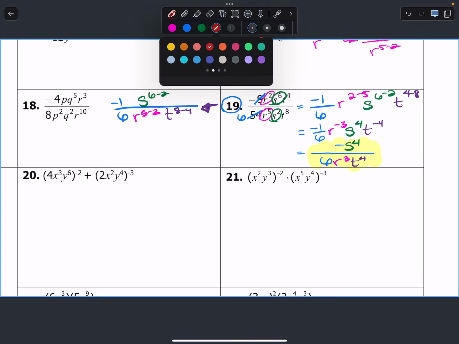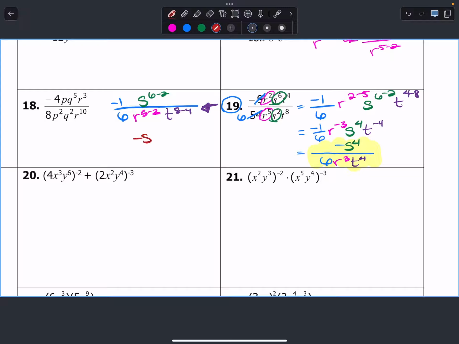And that's okay, but at least now you know. So then I would have had negative S to the 4th, 6, R to the 4th, T to the 4th. Sorry, T, R cubed. But I could have done it at less steps. Yeah, that would have been correct. So, I don't care.